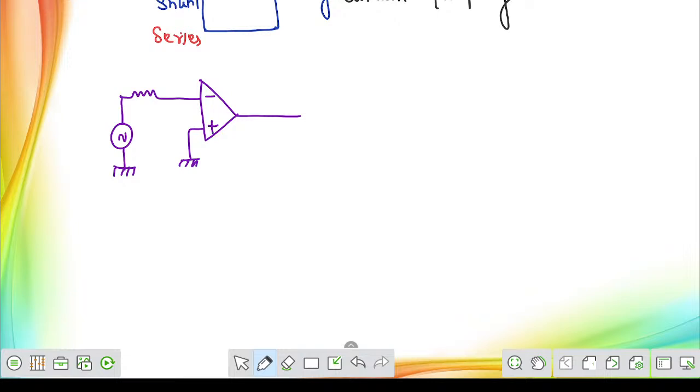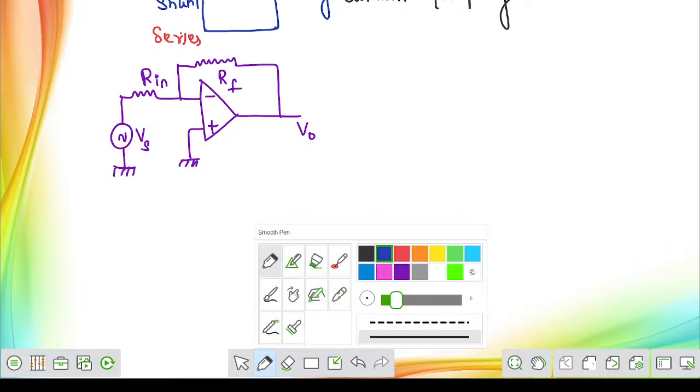This is the positive terminal. This is the feedback resistor. This will be your input resistor. This is your supply voltage. Tell me, sir, what topology is it?